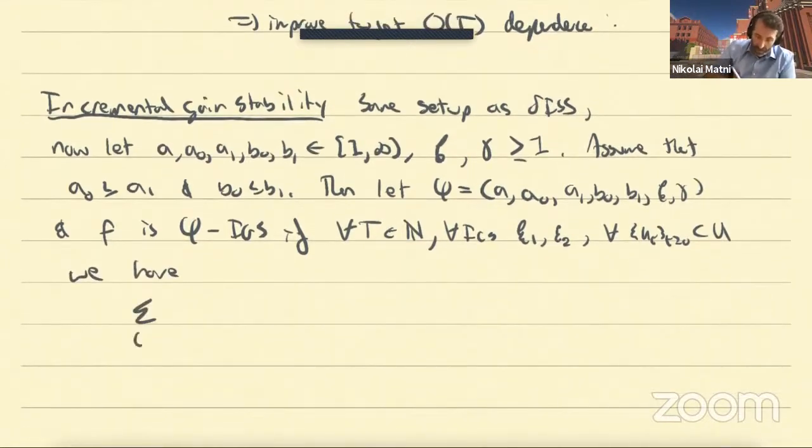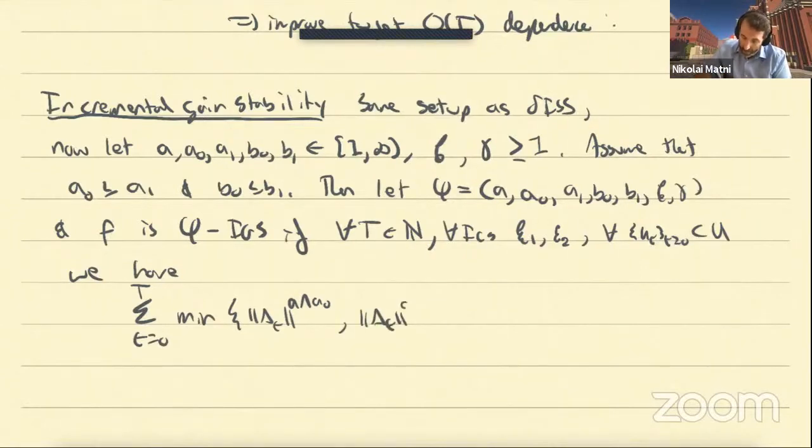We have that the sum from T equals 0 to T minus 1, or let's do it to T, of the minimum between the norm of my discrepancy to the power of either the smallest term A or A0, and delta T to the power of the maximum of A and A1.